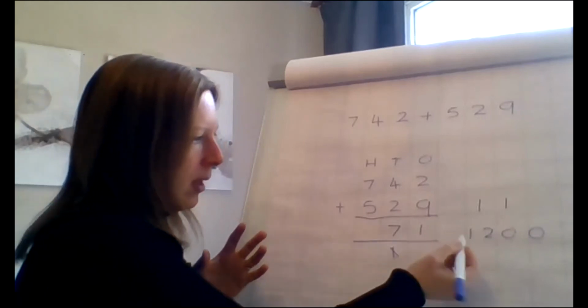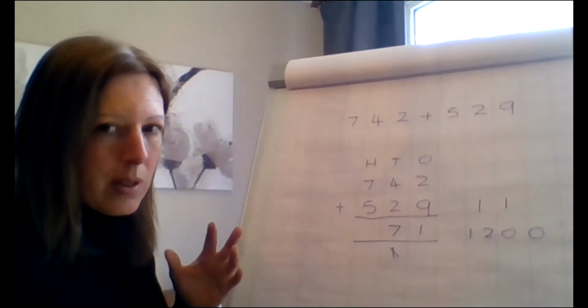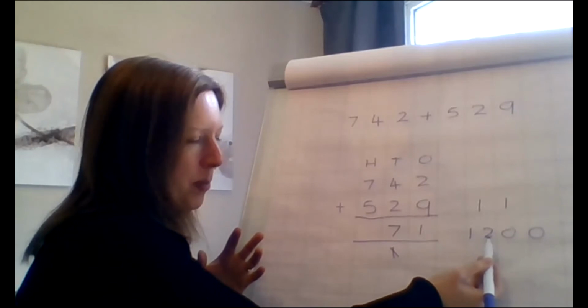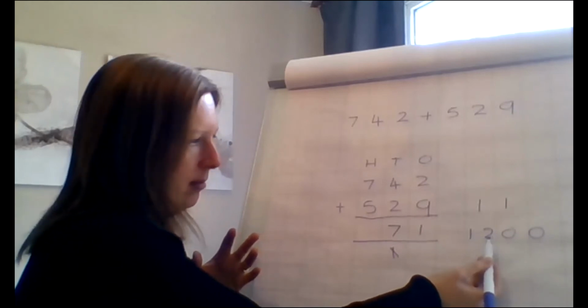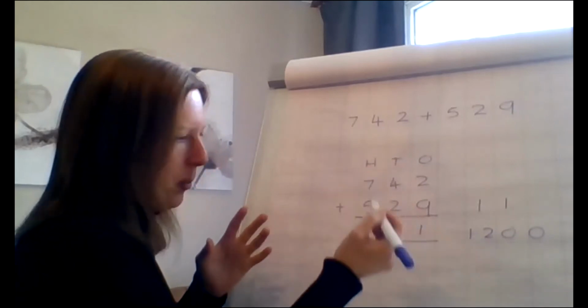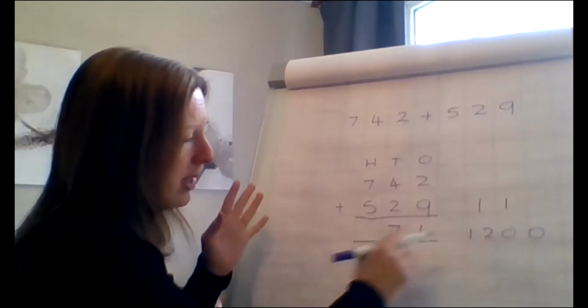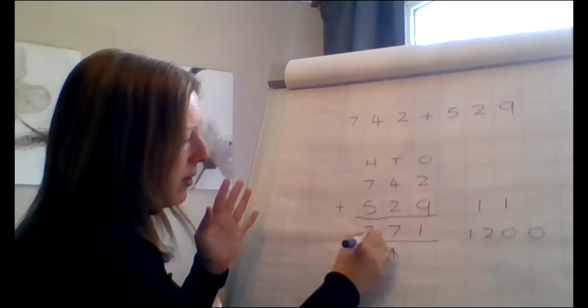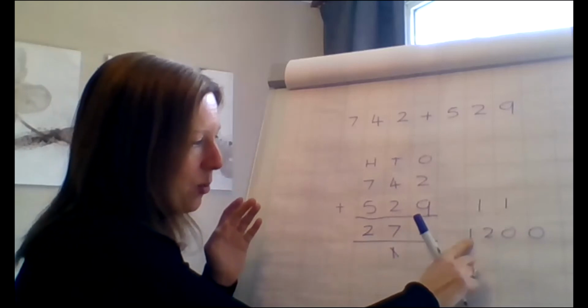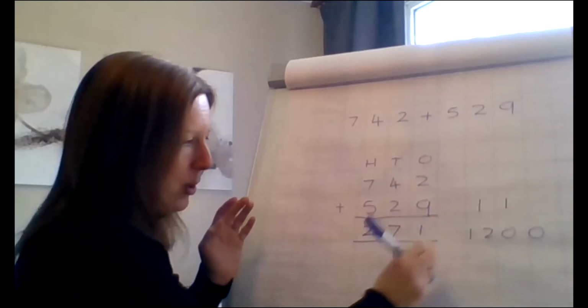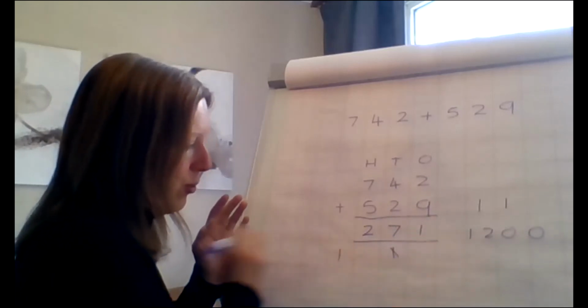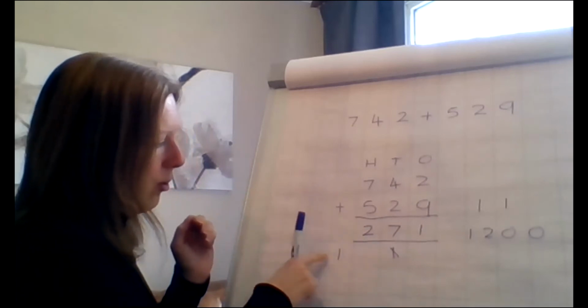So I'm now getting to thousands, look, because my 1200 is made up of my 200s there, which is going to go there. And this one here becomes my thousands, is going to go over here.